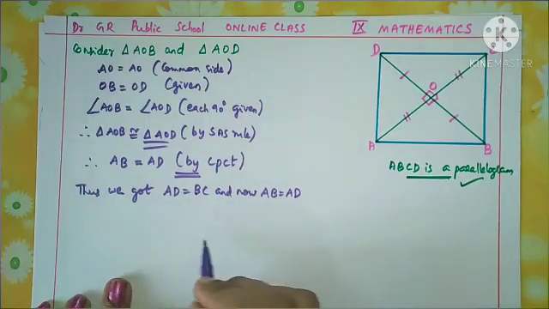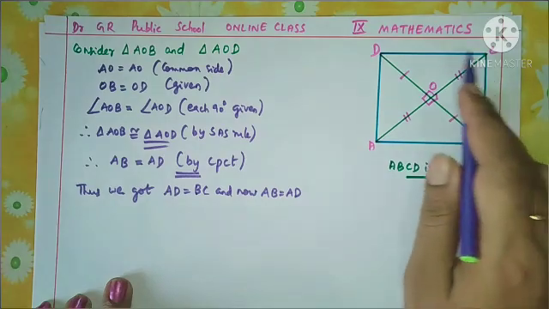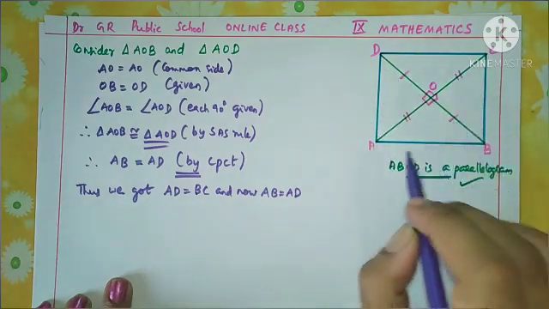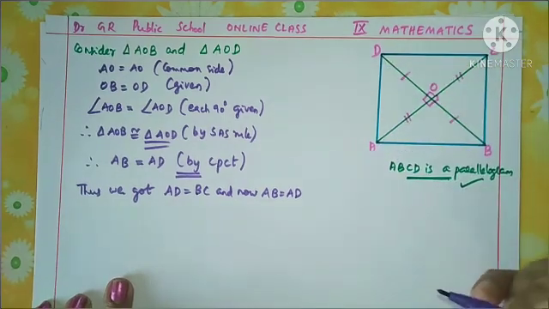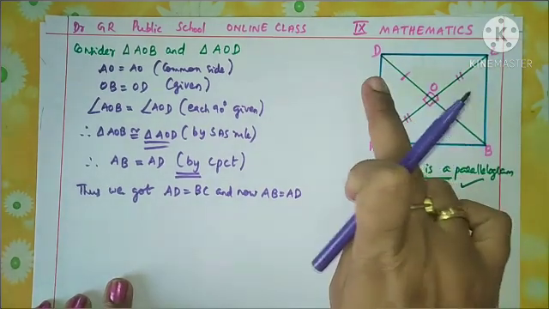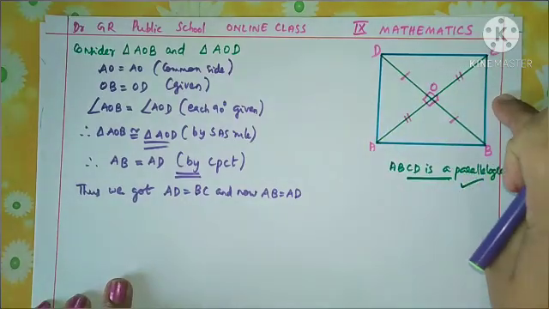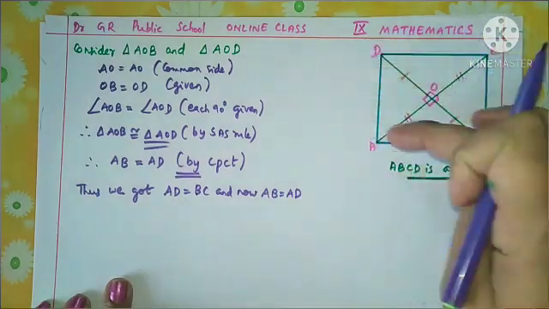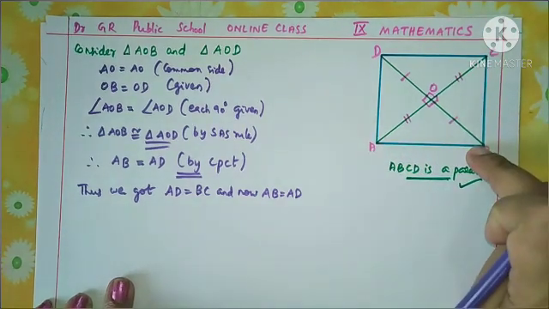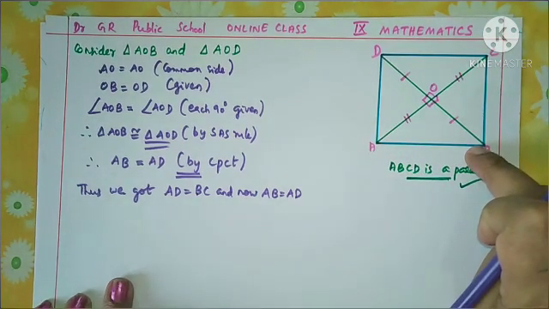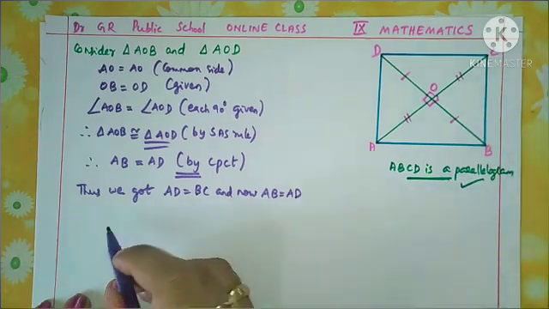So, what can you understand from this? We already proved ABCD is a parallelogram, and now we got AB is equal to AD also. First you proved AD equal to BC, opposite sides are equal. Now you proved this AD is equal to the adjacent side AB. So what can you write? Yes, very good, all the four sides equal.